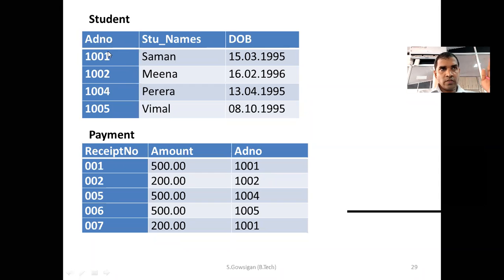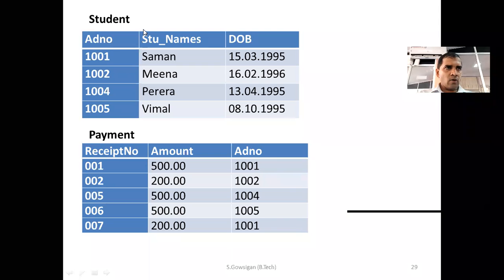Look here, this table has only admission number, student names, and date of birth. So definitely, I can tell you that the admission number will never be repeated, because look here, 1001 is given for Summon, and look at the other data, that is Summon's date of birth. So we can confidently say that 1001 will never be repeated.